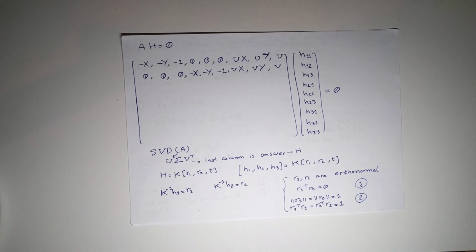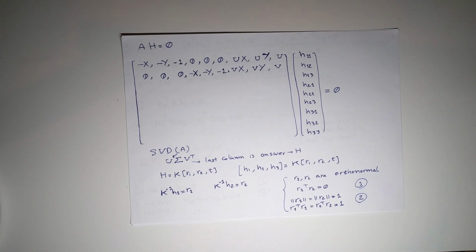Because of the orthonormality of the rotation matrix, we have two constraints. What are those? Those come from the orthonormality. We know that the rotation matrix is orthonormal. That means r1, r2 and r3 are two by two perpendicular.